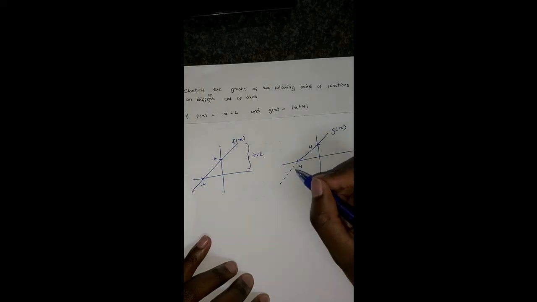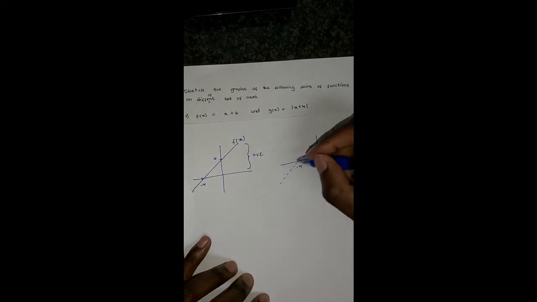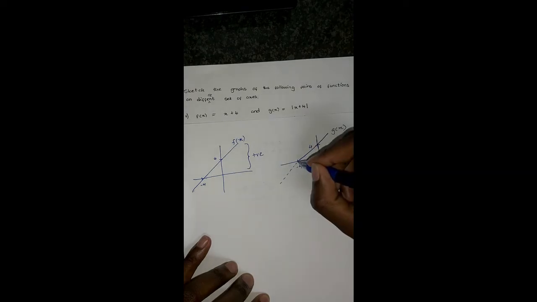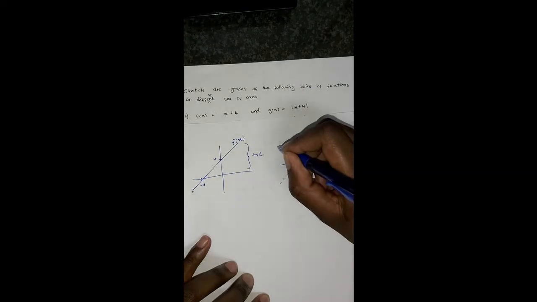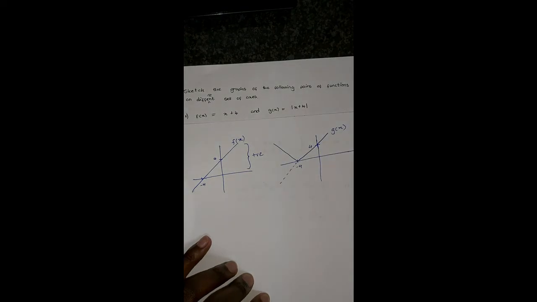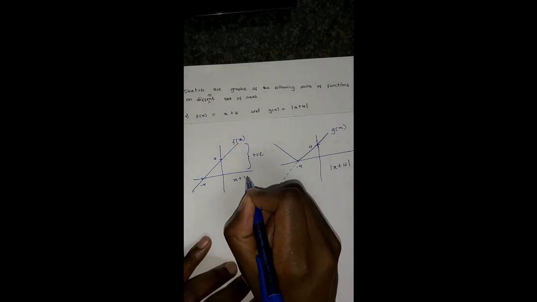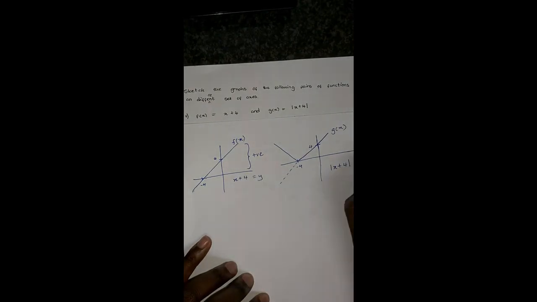If it wasn't absolute value, it would have continued like that, but since it's absolute value, it's just a reflection of this in the positive. So that would be the graph of modulus x plus 4, and this one's just x plus 4.